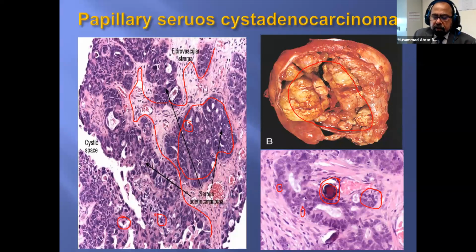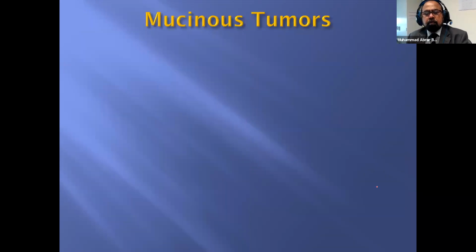You will not see this in an endometrioid tumor, clear cell tumor, or whatever. This is a peculiarity of serous cystadenocarcinoma. There are also other tumors of the body which can show a serous type, so not only the ovary, but there are also other sites. Okay, this was all about the serous tumor.